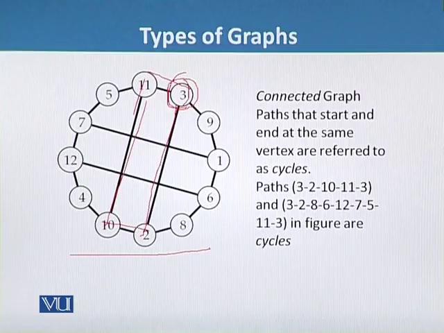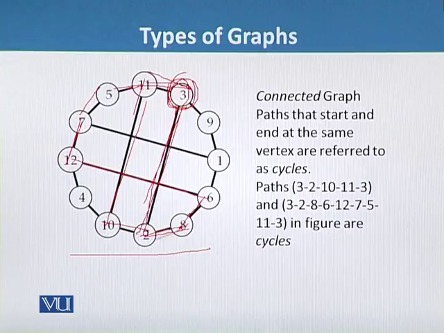There is another cyclic path in this one, that starts from 3, then it moves to 2, then from 2 it moves to vertex 8, from 8 to vertex 6, from 6 to vertex 12, then 7, then vertex 5, then from 5 to vertex 11, and then from vertex 11 to vertex 3. So we can see that it moves in this direction. So this is also a cyclic graph.